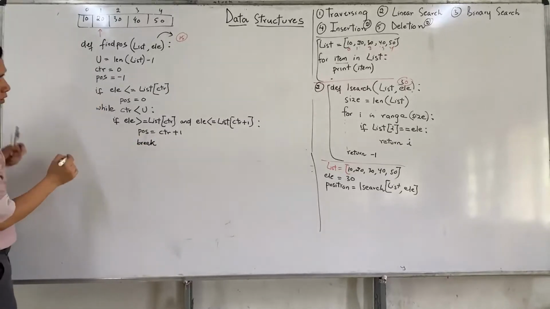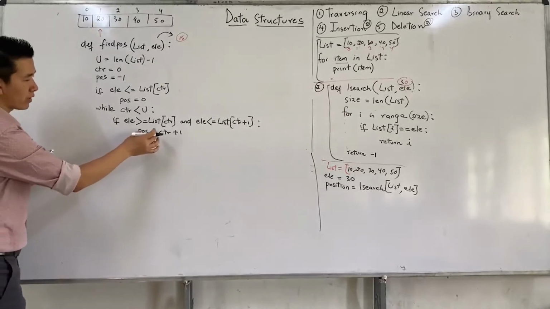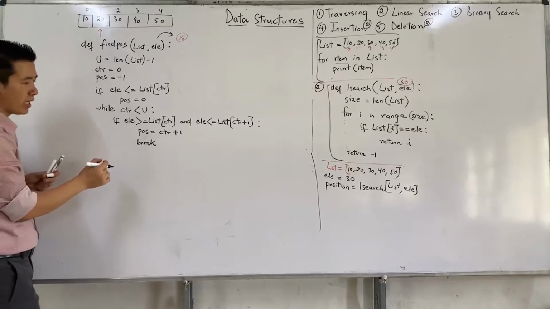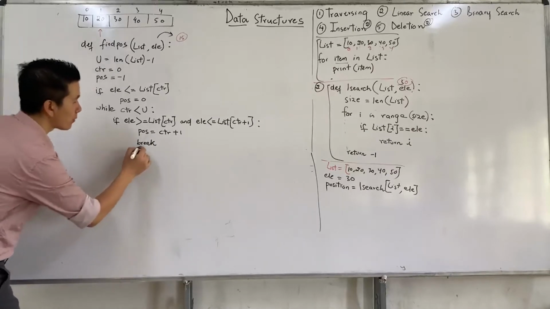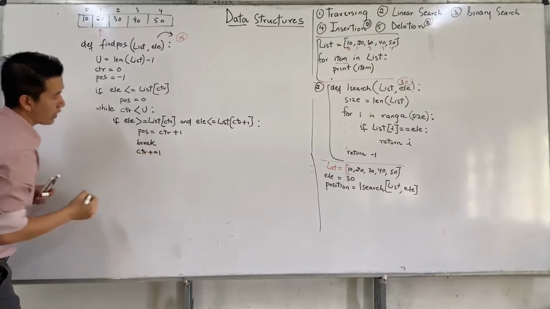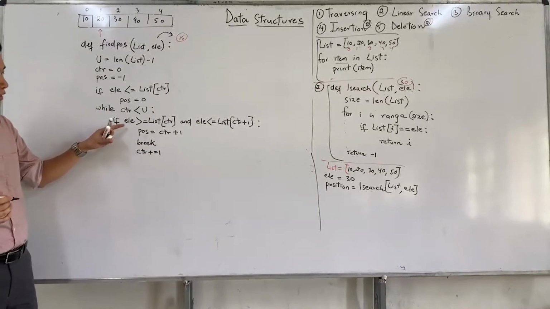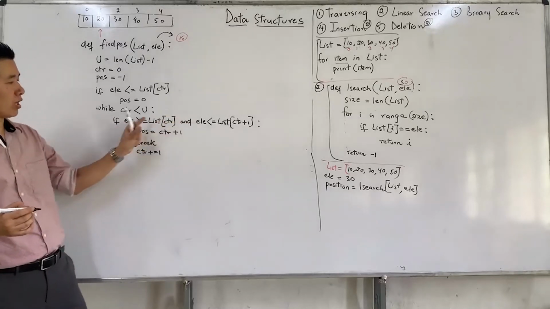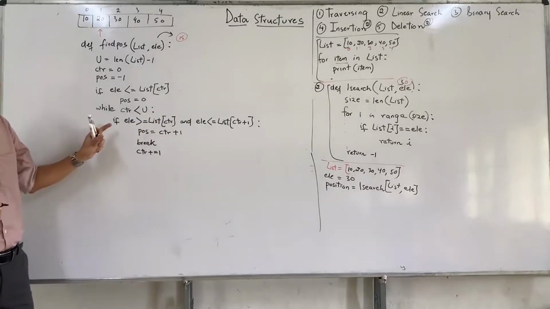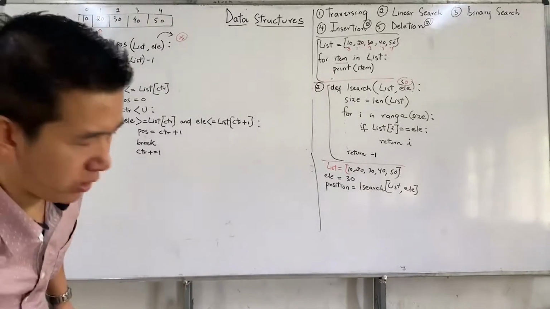And then the next step: if the condition is false, then I need to increase the value of CTR. If both the conditions are false, I now need to increment the value of CTR.